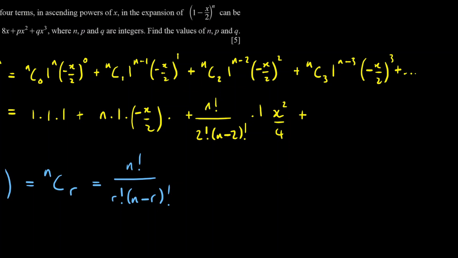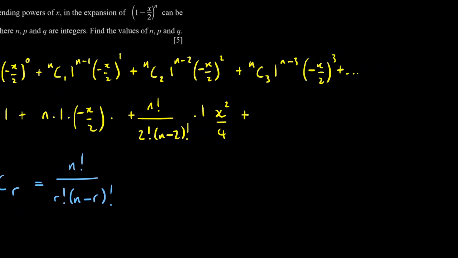And then next term, the nC3, same thing, right? That'll be n factorial over 3 factorial times n minus 3 factorial. And 1 to the power of n minus 3 is just 1. And a negative x upon 2 cubed is negative, right? So I've got a negative times a negative times a negative upon 8, and then plus dot dot dot.